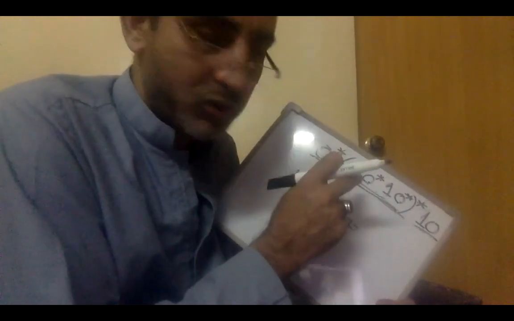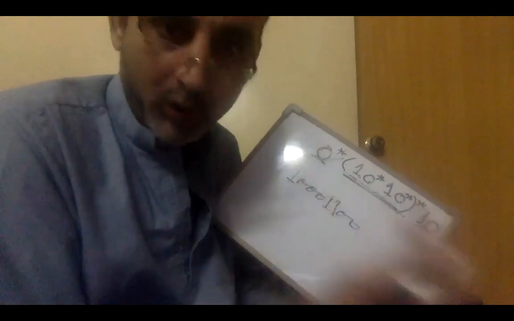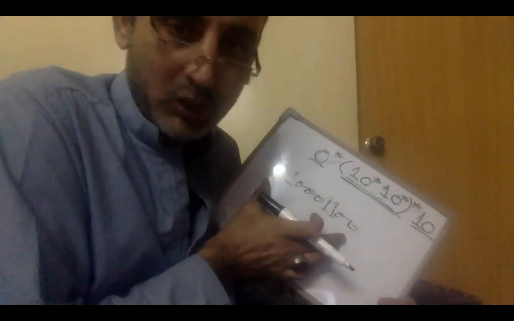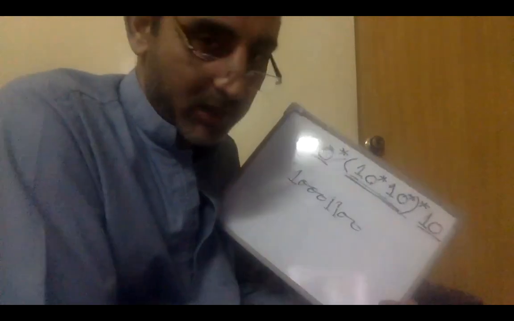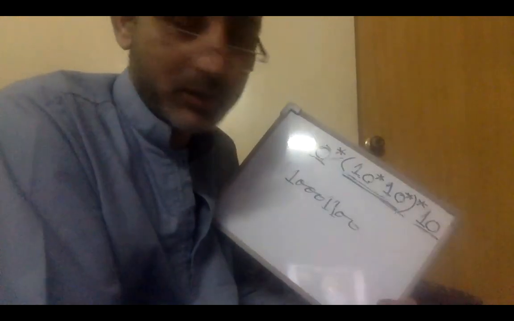Whatever comes in my mind, I just write it over here. Now I am going to check that this string, which is a valid string with three ones, an odd number of ones, is passing in this regular expression or not.